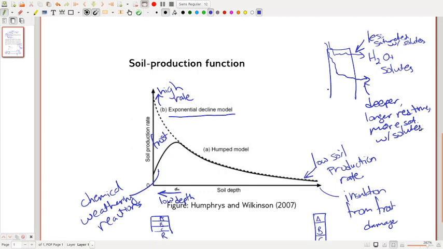But at some point, that water is going to be carrying as much of a load of calcium and carbonate as it possibly can, and therefore it's not going to be able to dissolve material anymore.